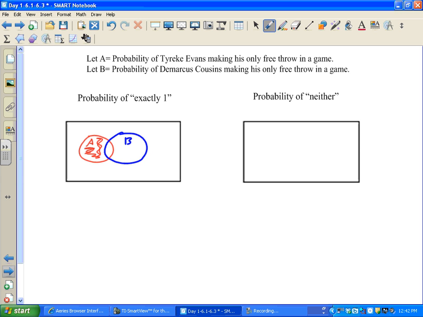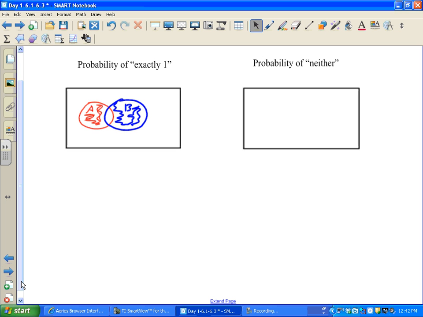The other thing that can happen is that Tyreek can miss and DeMarcus makes his. That's exactly 1 free throw being made. Tyreek makes it, DeMarcus misses, or Tyreek misses and DeMarcus makes it. So, this probability statement is definitely a tricky one.